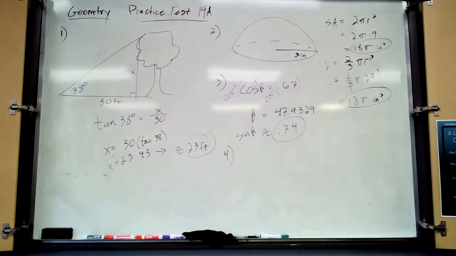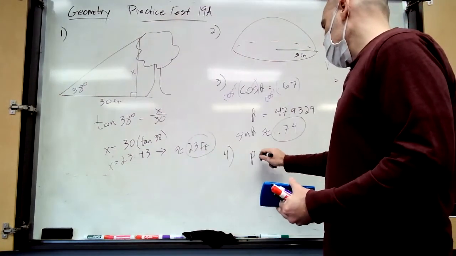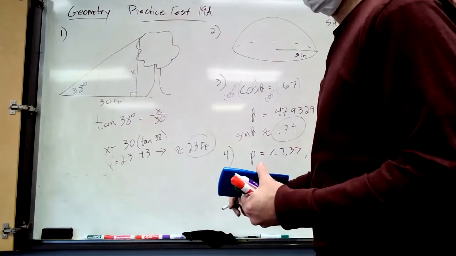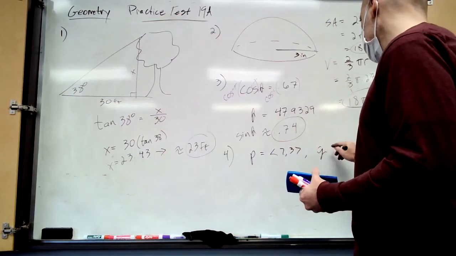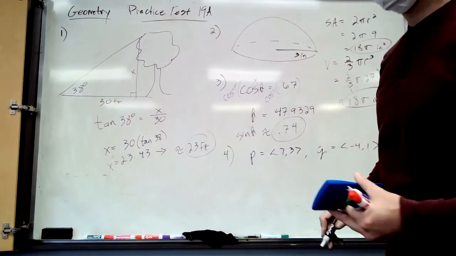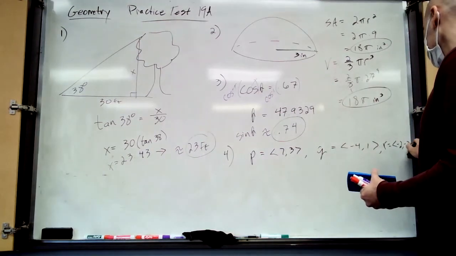All right. Number 4, add the vectors. All right, well, we're just going to add the x's and add the y's. So P is 7, 3. Q is -4, 1. And R is -2, -2. So just add them up.